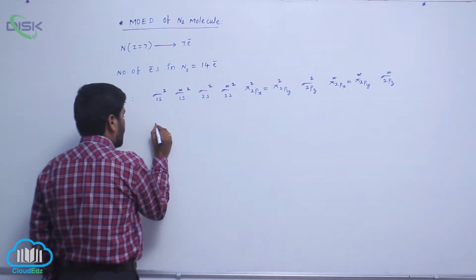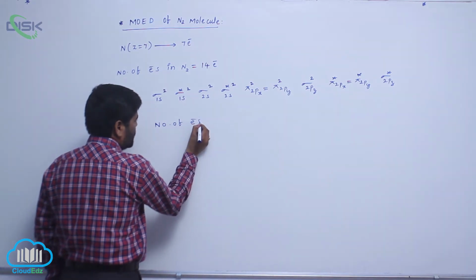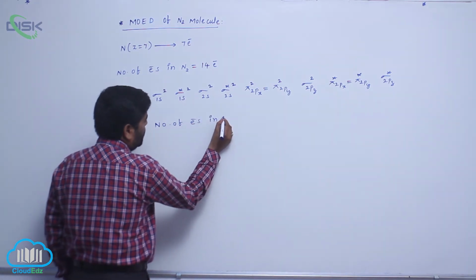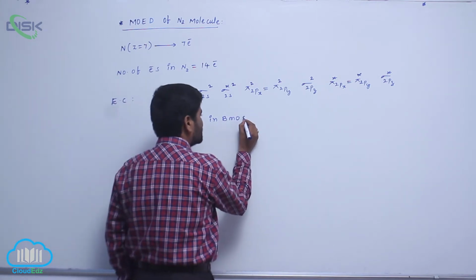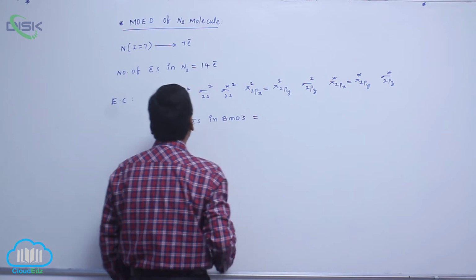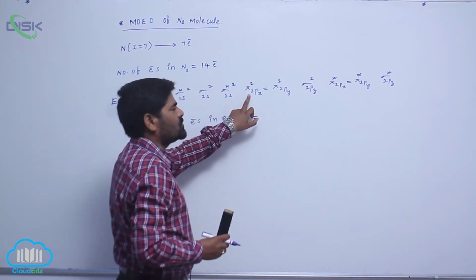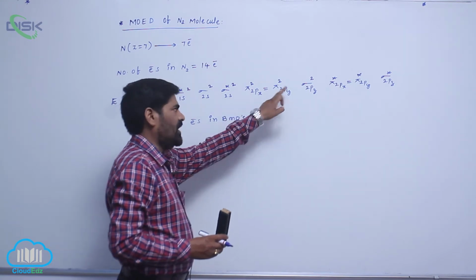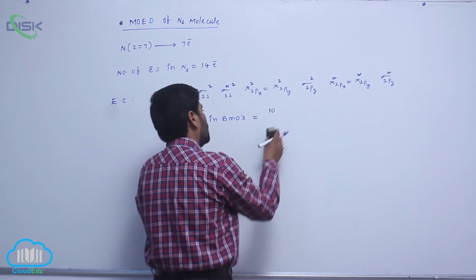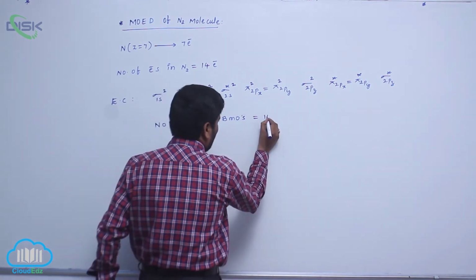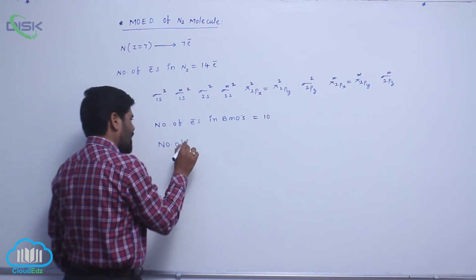The number of electrons in bonding molecular orbitals, BMO, equals 2, 4, 6, 8, 10. So there are 10 electrons.